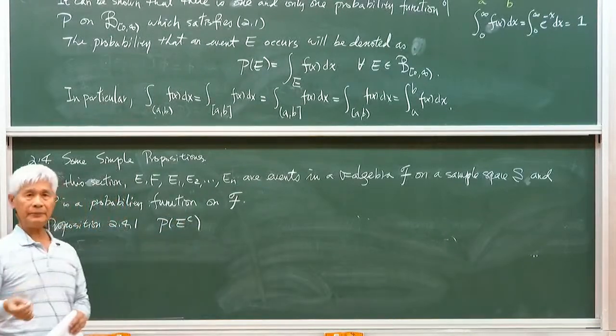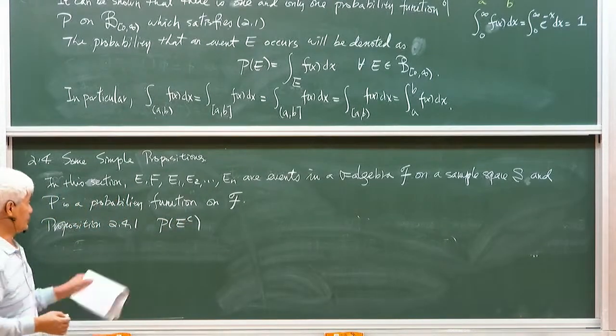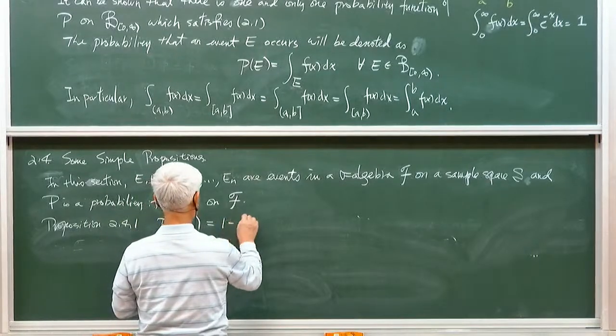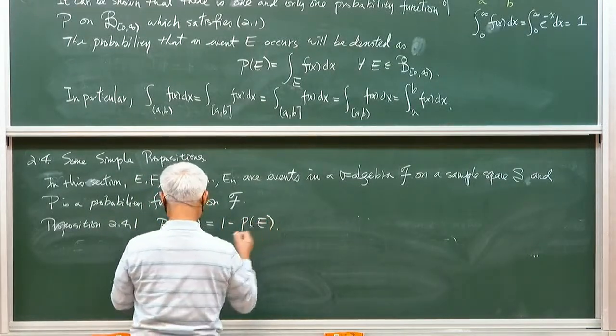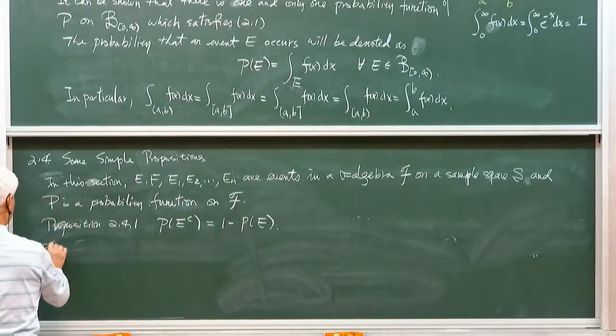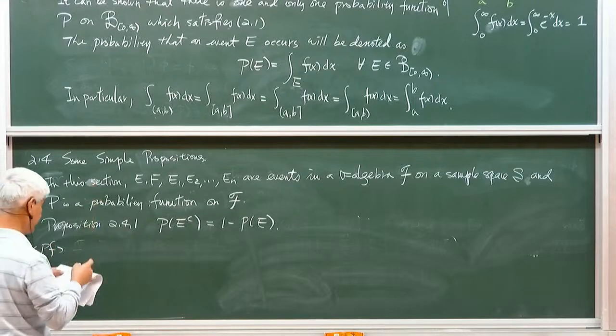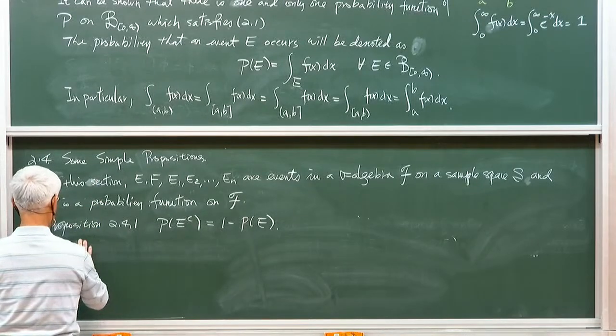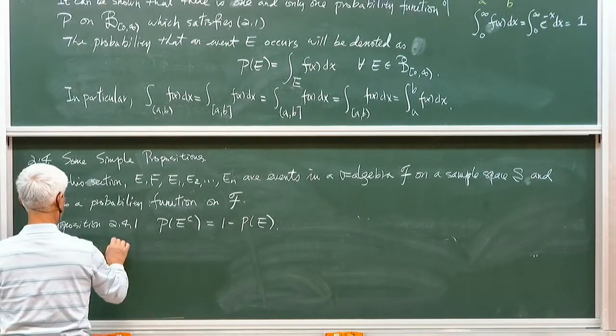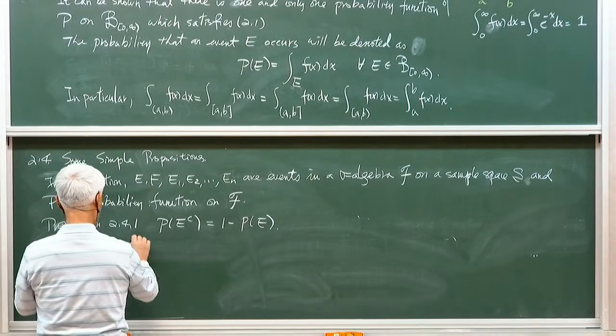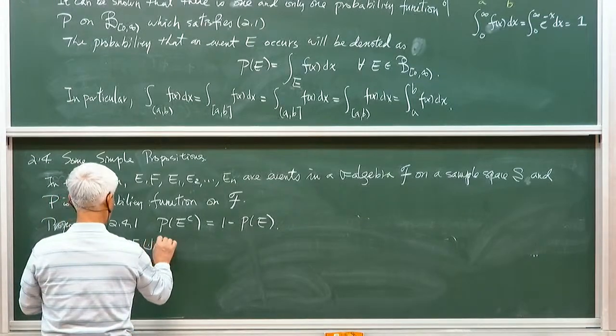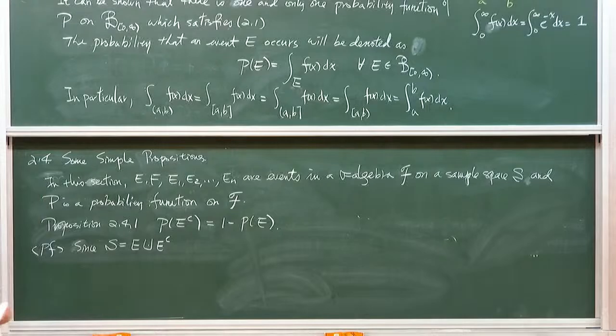Now, the complement of E has probability equal to 1 minus the probability of E. We found a similar proof in a previous proposition, since the total event is the disjoint union of E and its complement.